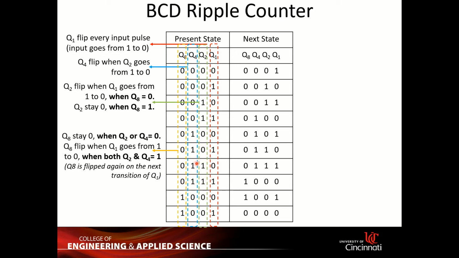And when you have both of these equal to 1, which is this scenario, and Q1 goes from 1 to 0, you have Q8 flip, and also Q8 will be cleared. So Q8 will be cleared on the next transition of Q1. Okay, so that's 3 items to consider about Q8.